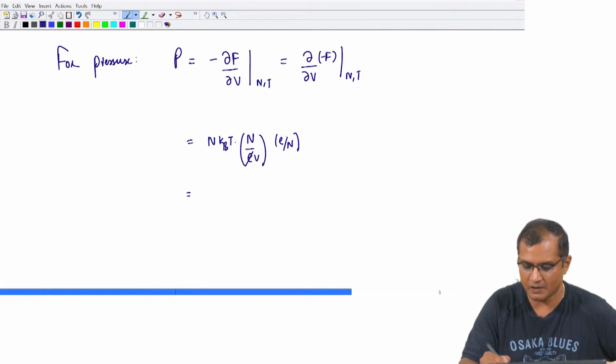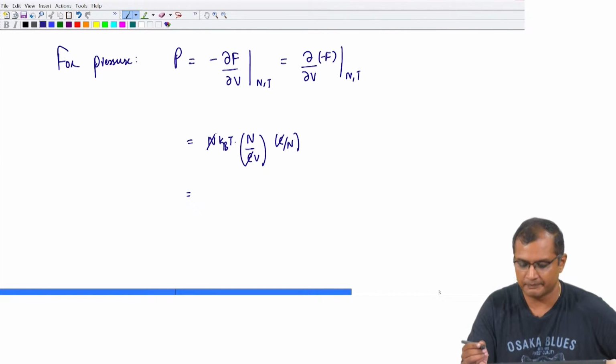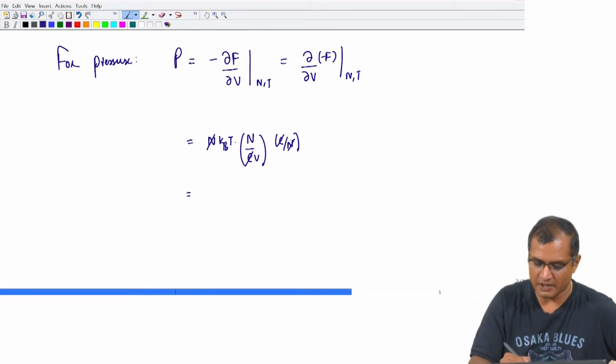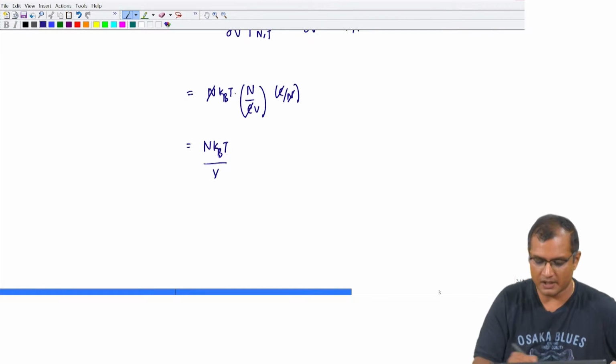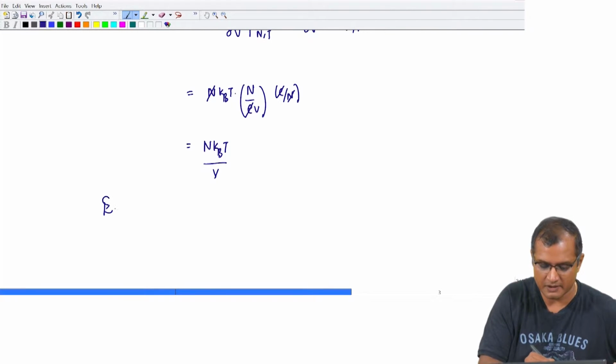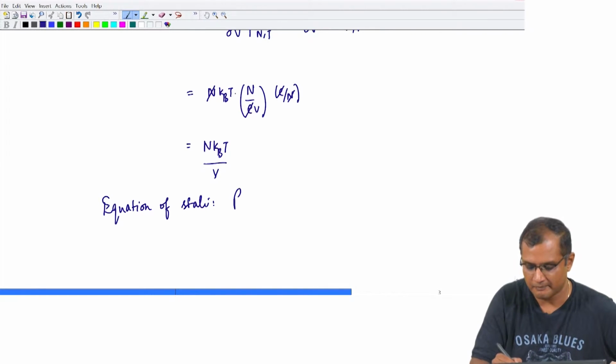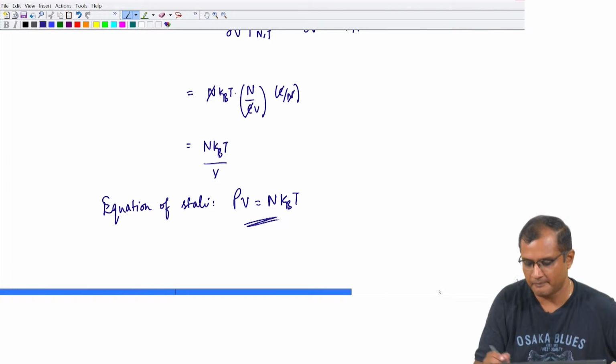You can see that this e knocks off and this N will knock off. So, what you will have is just nkT over V. So, this is the equation of state of an ideal gas.